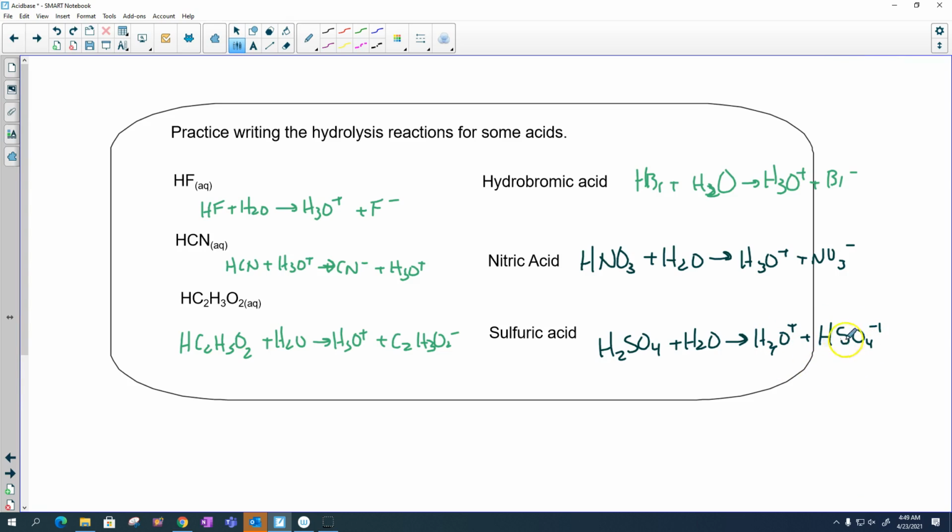If we keep allowing it to donate, then it's going to be the next one, and there's a little more to that as I'm just kind of hitting around some ideas. That would be HSO4 minus plus water yields SO4 2 minus plus H3O plus. All right, good. Let's move along here.